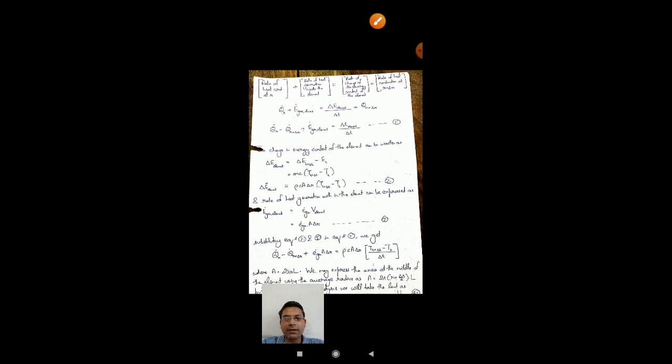Here the area is 2 pi r into L, as discussed earlier.